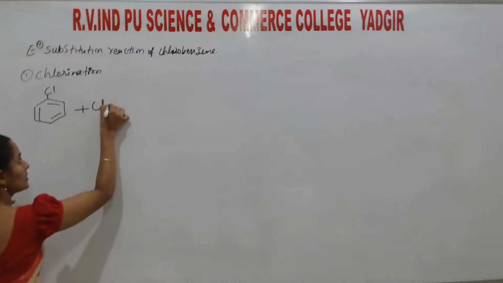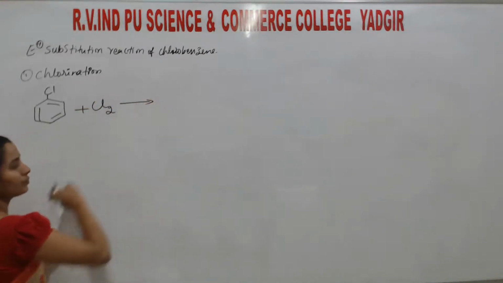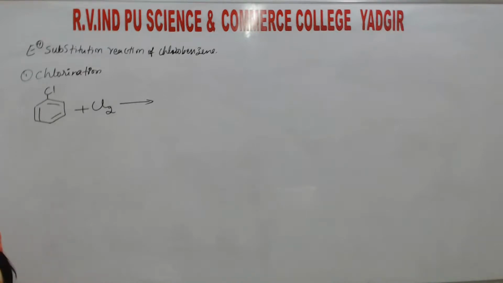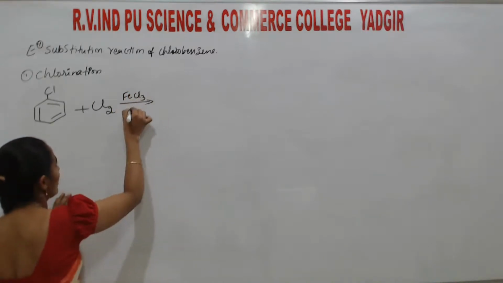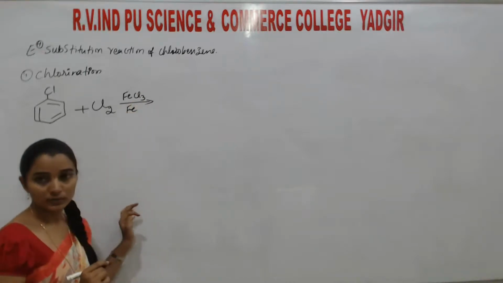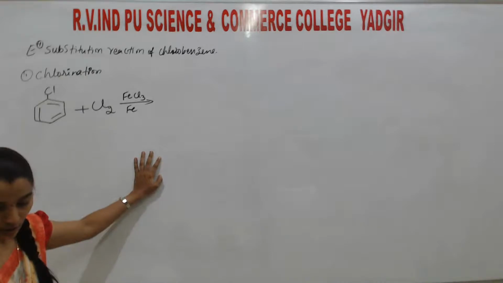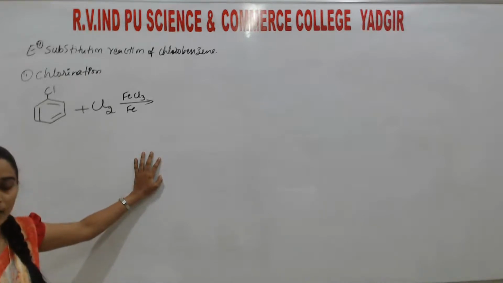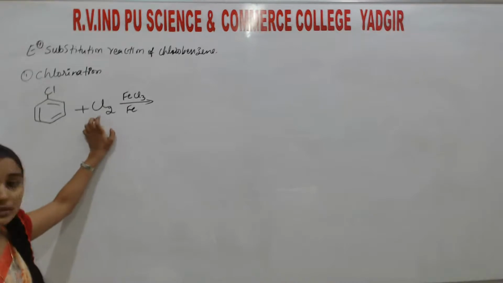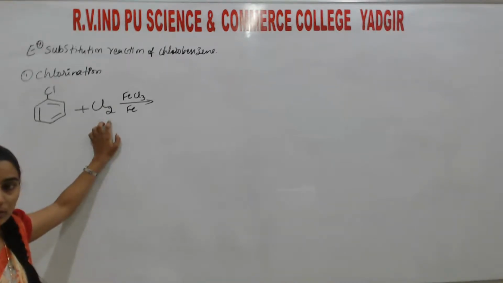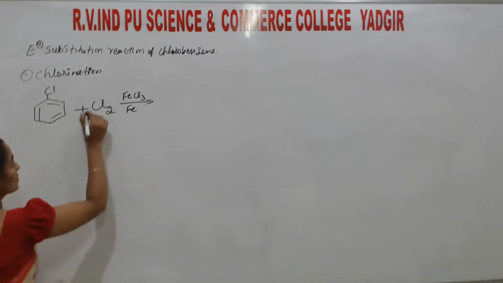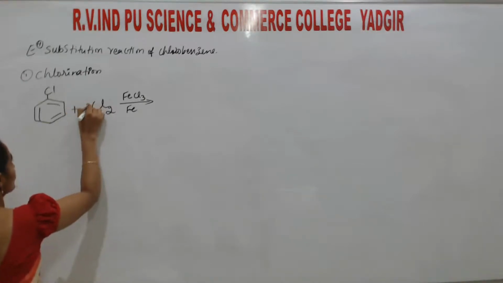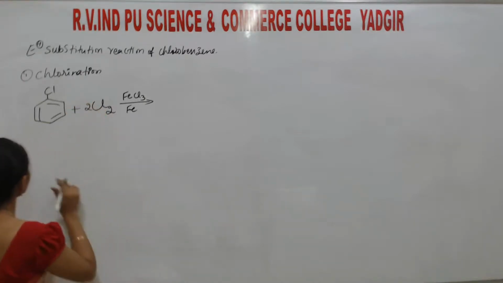Chlorination means addition of Cl2 in the presence of Fe or FeCl3 as a catalyst. Why do we need a catalyst? Because chlorine is a gas. You know halogens are gases. That's why we need a catalyst. Why? Later I'll say.